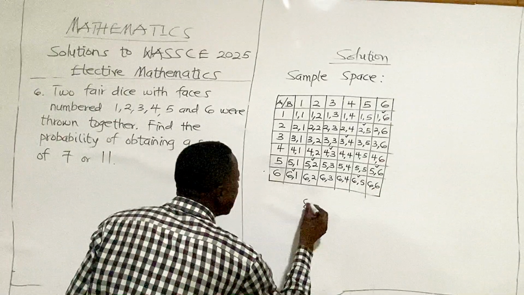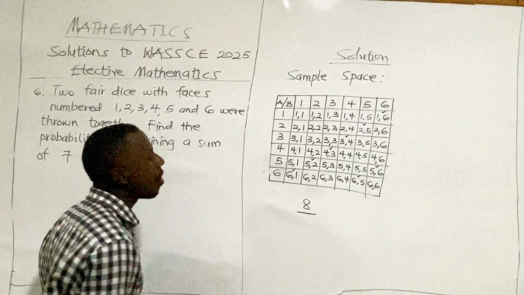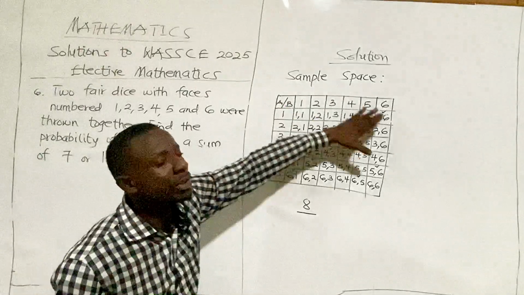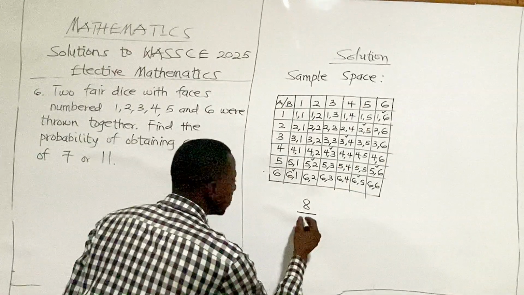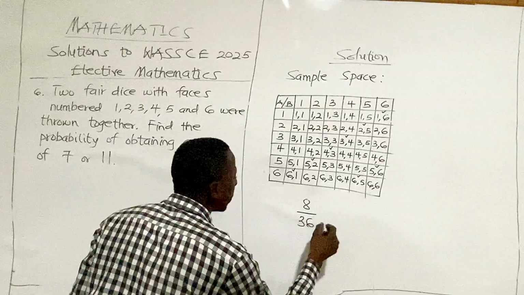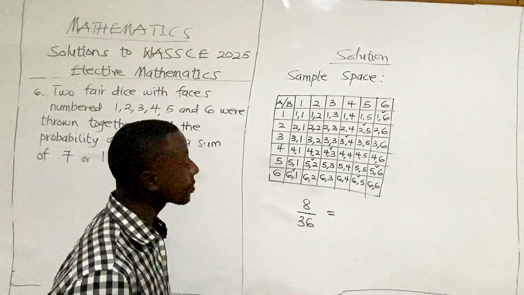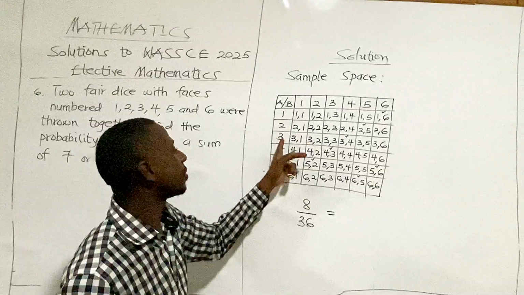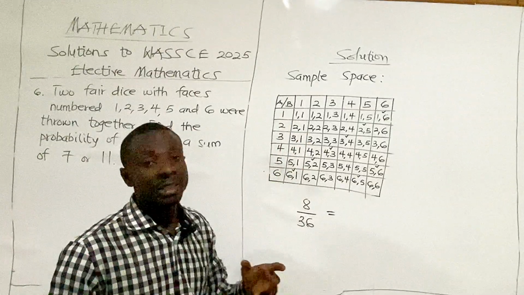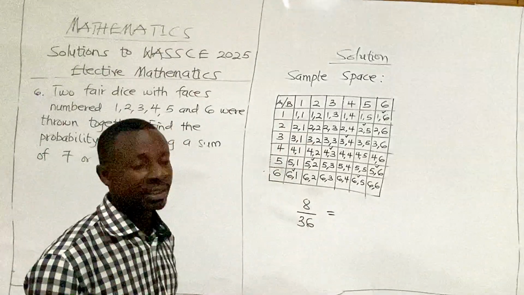So we are getting 8 of them all over the total sample space. And there are 36 from here. That's 6 by 6, we have 36.